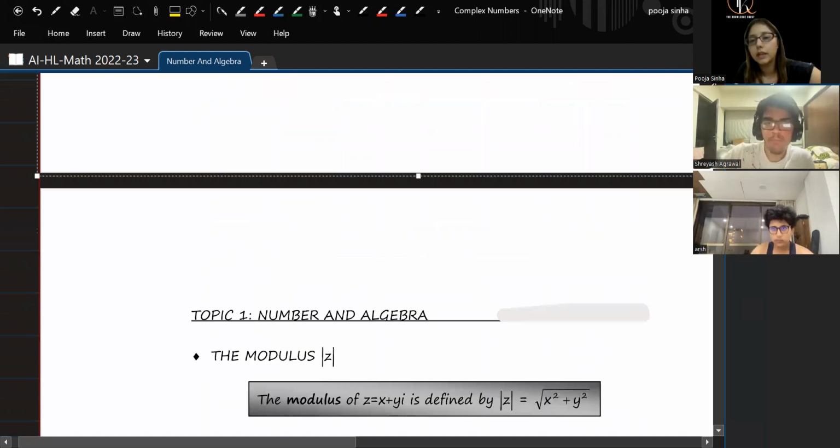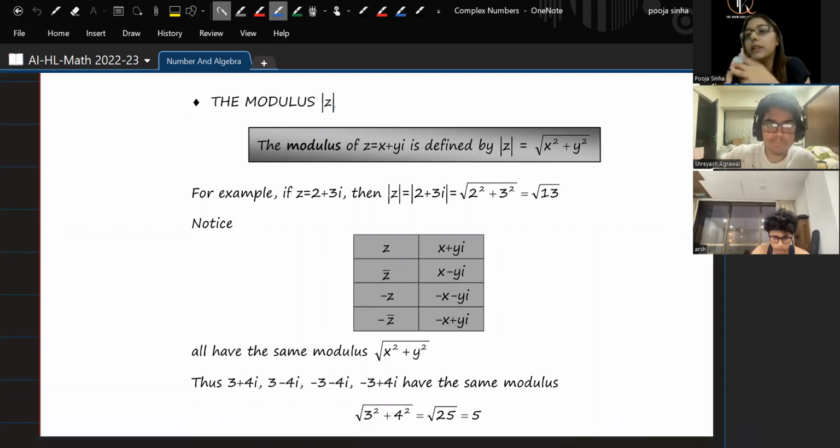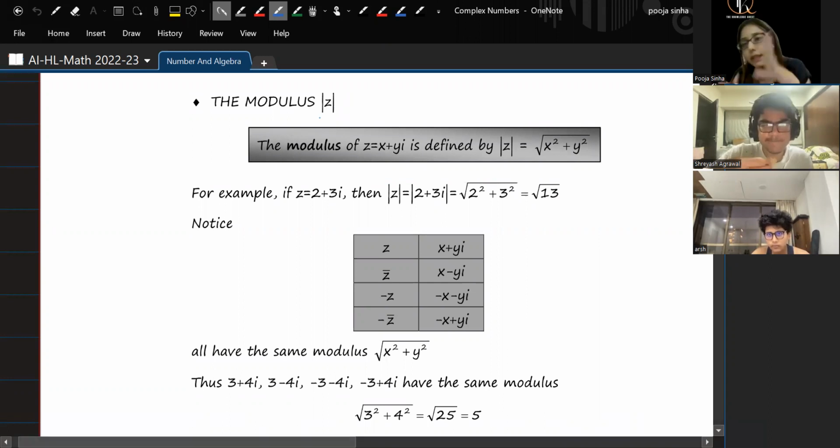All right. Now we reach the next point. We have understood what a complex number is, what the real and imaginary parts of a complex number are, and what the conjugate of a complex number is. Now we are learning the modulus of a complex number. Modulus is something like what you learned as the Pythagoras theorem.